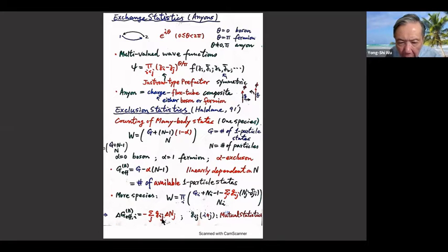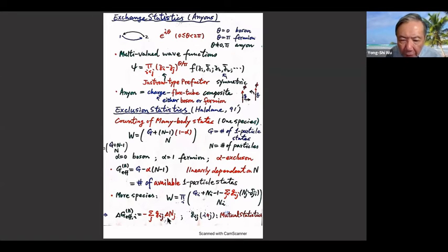So this change, because the second term is linear in n, we will have a linear relation between delta G effective and delta N_j, and the constant coefficient G_ij is called the mutual statistics.